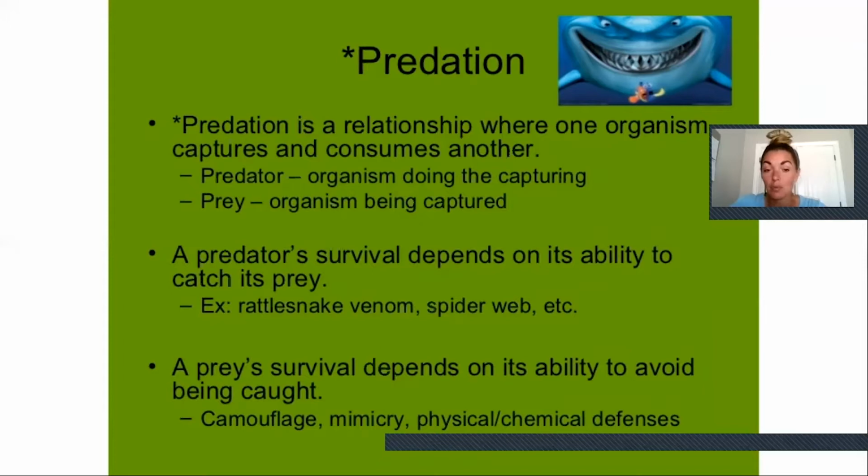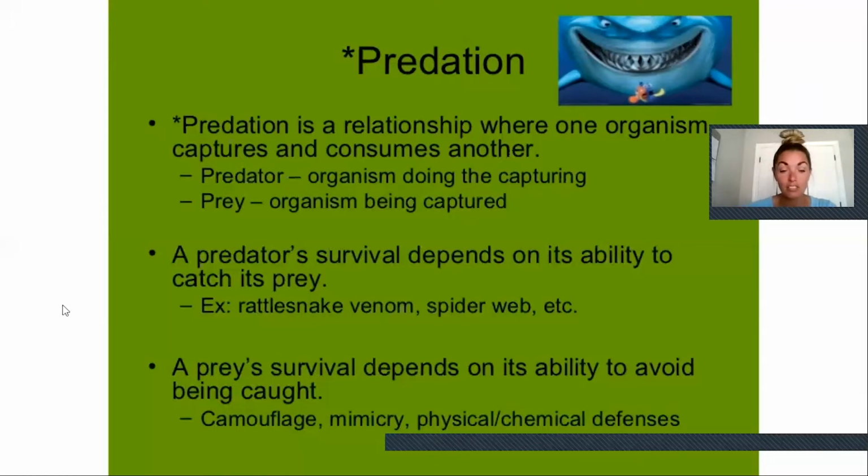So an example, a rattlesnake venom, spider web, etc. So it has to figure out how it's gonna catch its prey in order to get its nutrients that it needs. A prey's survival depends on its ability to avoid being caught. So we've got camouflage, mimicry, physical or chemical defenses.